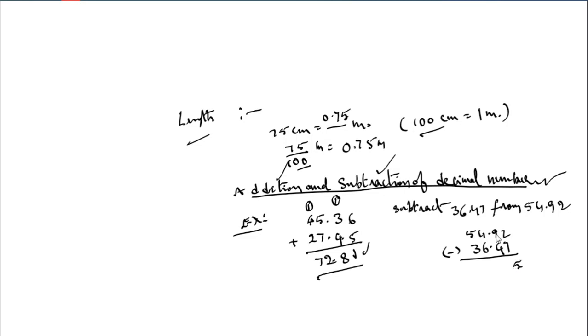So this is not 9, it is 8. 8 minus 4 is 4. Put the point. 4 minus 6, how much? 4 minus 6 is not possible, borrow 1 from this one. This 4 becomes 14. 14 minus 6 is 8. And here 4 is there. 4 minus 3, 1. Therefore 18.45.